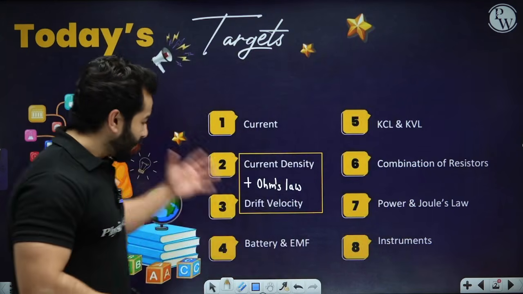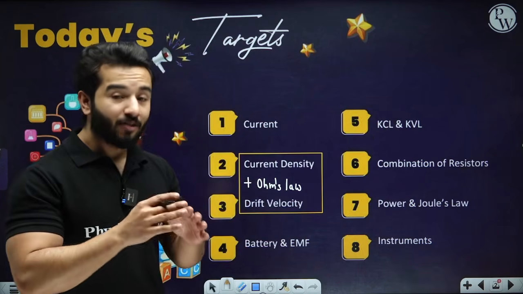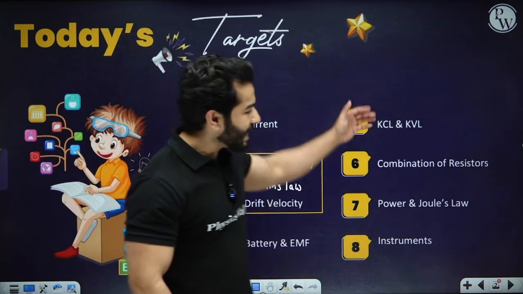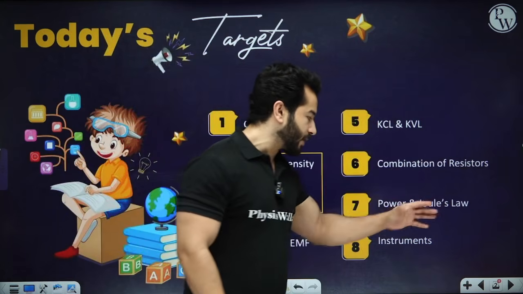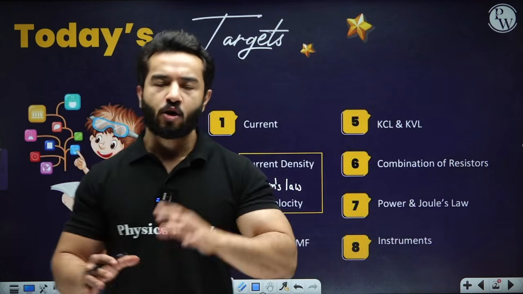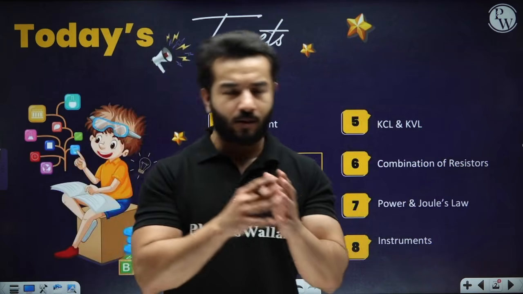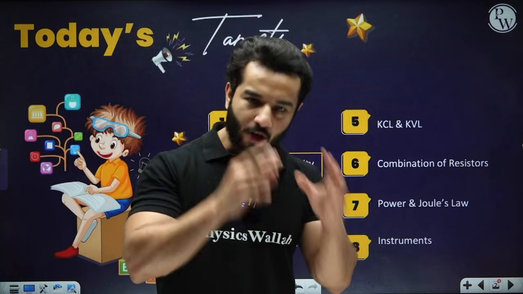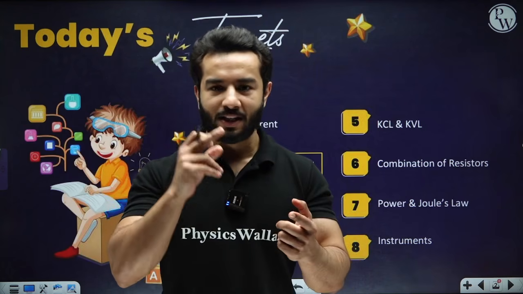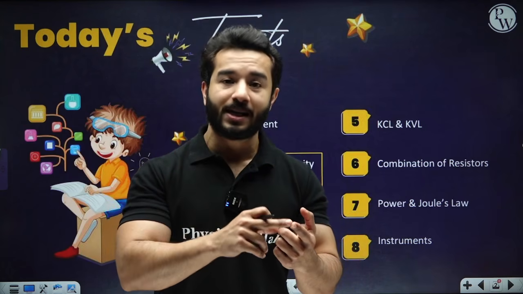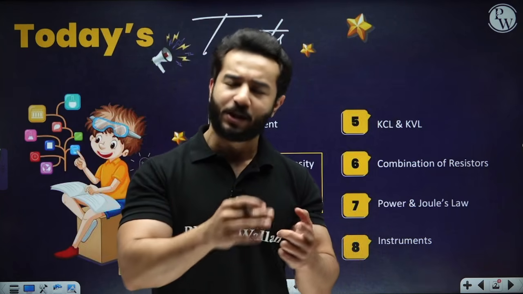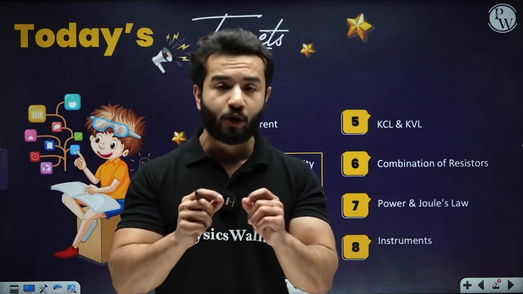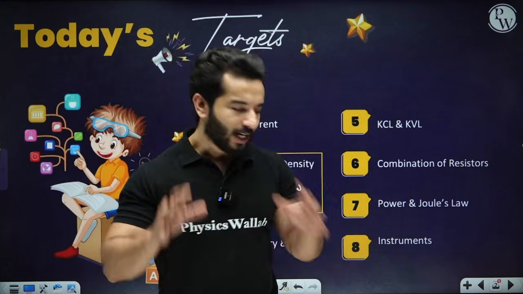Then another part of the lecture is where the numerical portion starts. That is battery and EMF, KCL, KVL, combination of resistors, power and Joule's law, and instruments. Even if you think that there might be one or two more topics, we are going to cover all of those things, like for example, dependence of resistance on temperature. I have not written it over here, but surely we are going to cover each and everything, not going to miss a single topic, right? So let's start today's class.